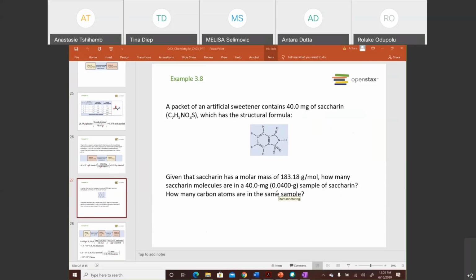Since I am annotating, that means I can write here, right? Let me see. No, sorry, it does not let me. I'm sorry, I cannot annotate on this PowerPoint.